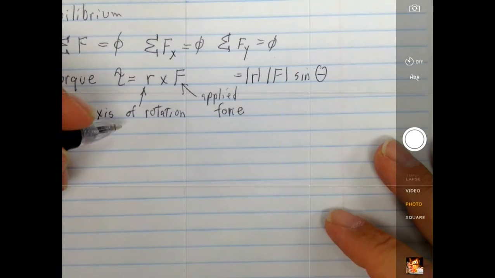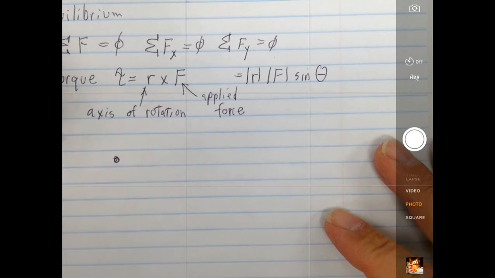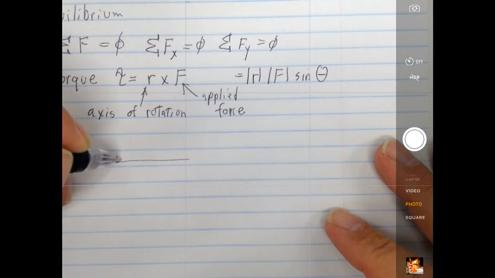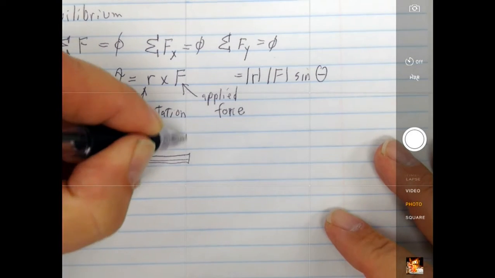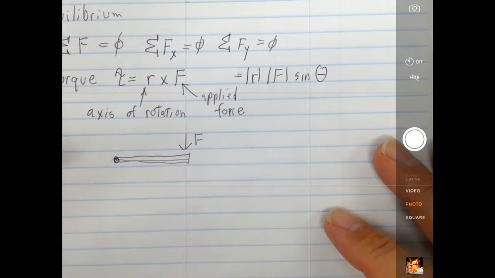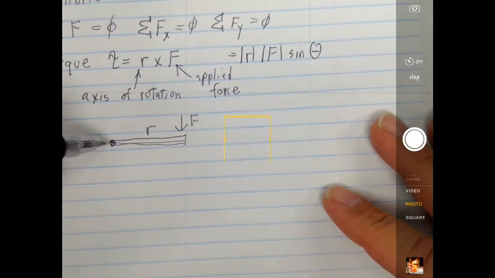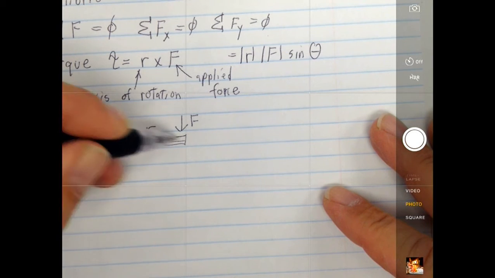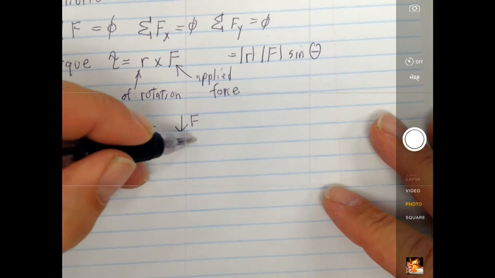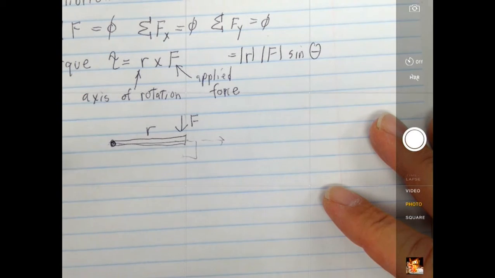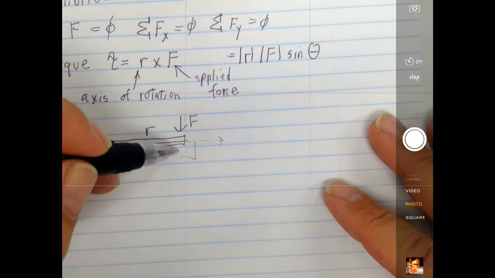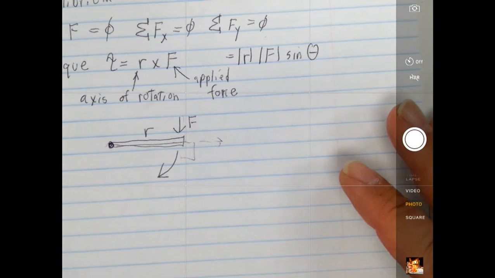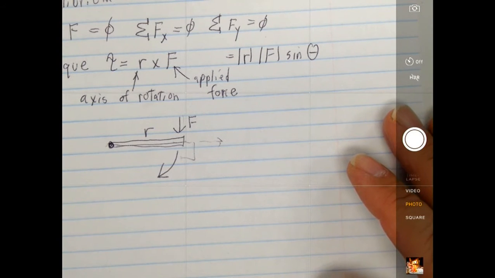So if I had an axis here and a rod here, and I apply a force there, and here's the distance from the axis of rotation to the point of application of the force, this direction is here, that direction is there, the angle is 90 degrees, and here we have maximum torque trying to make this thing twist about that axis of rotation. That's torque. And in this problem, based on our math conventions, this would actually be a negative torque.